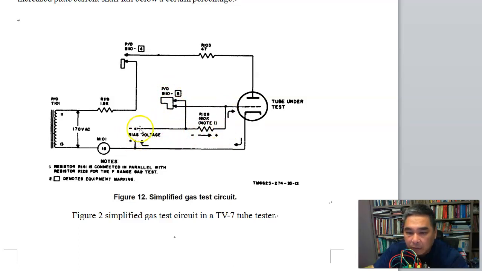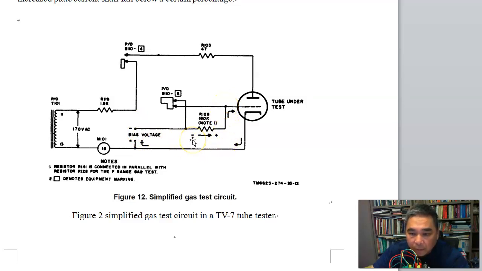This time the bias voltage will be connected to the grid of the device under test with a resistor in series. So if there is a grid current, the grid current will flow through this resistor, so the voltage here won't equal the voltage here.